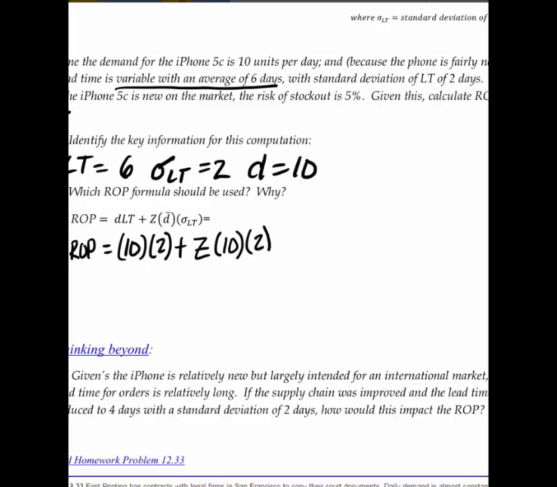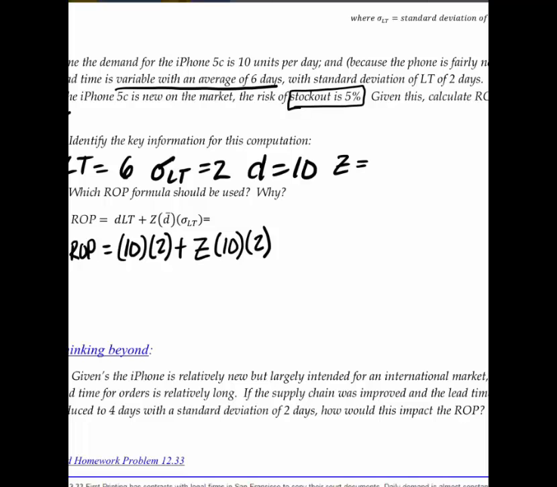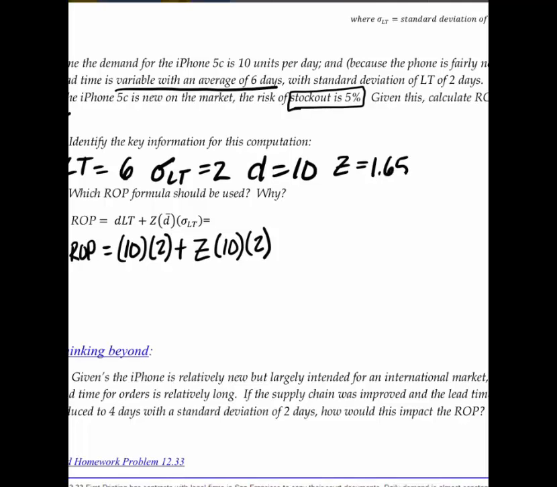Now we've got to think about our Z value. So let's go back up here and note that our Z is related to this 5% stock out. So that means we want to serve 95% of the people in our service. So we're after that 95% service level, so therefore our Z value should be 1.65.